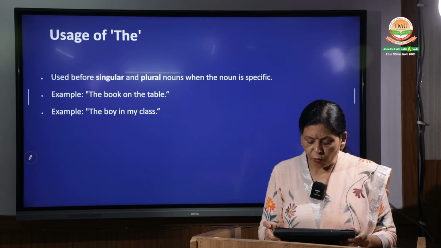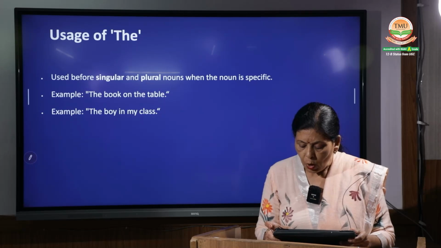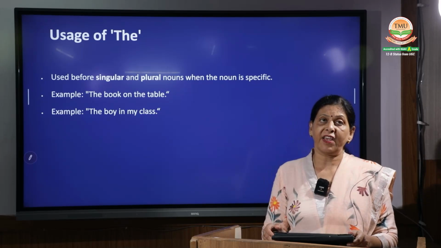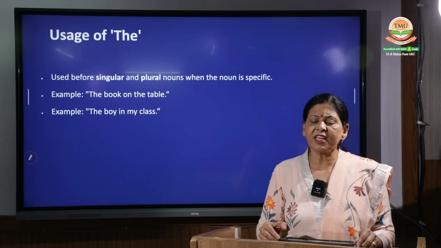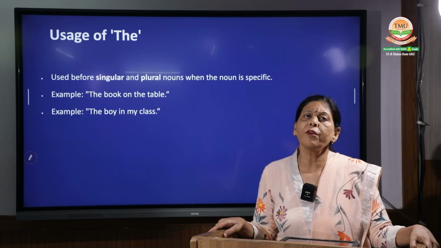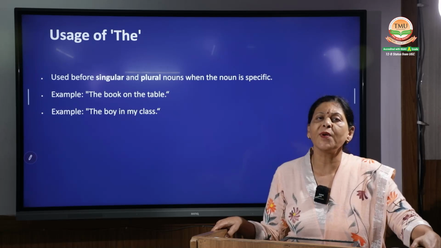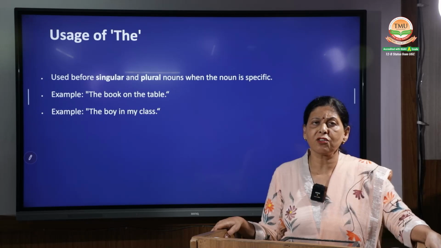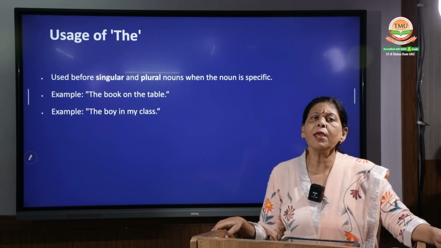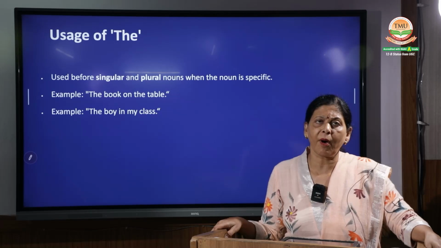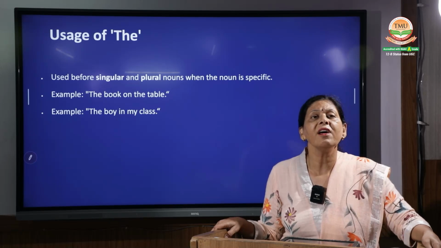The is used before singular and plural nouns when the noun is specific. The first quality is that it is used before something which is specific. I have told you before that something we are referring to, or any particular thing we are talking about, there we use the word the.